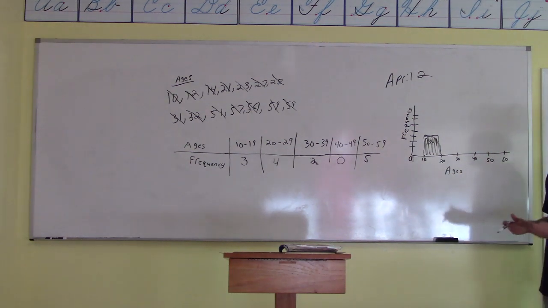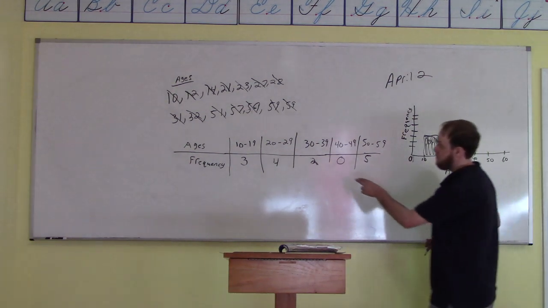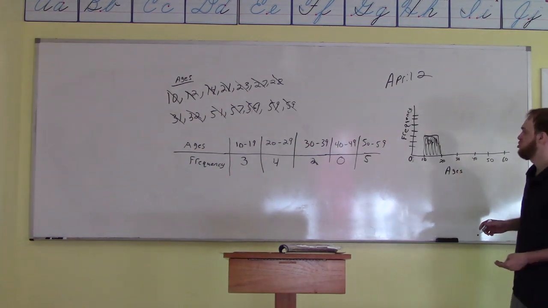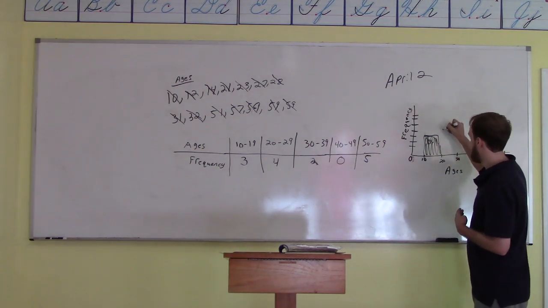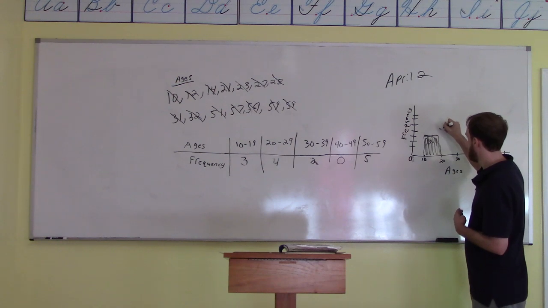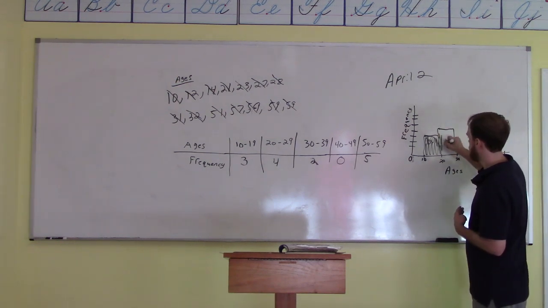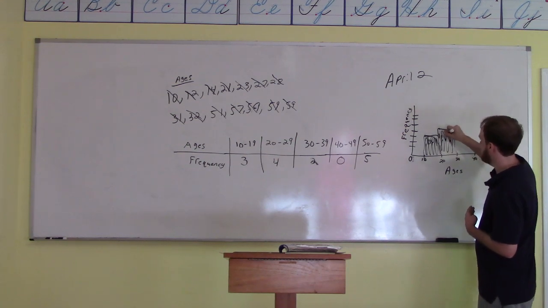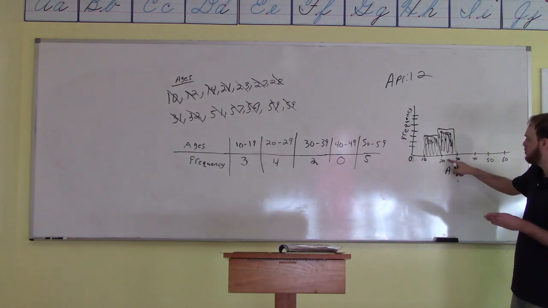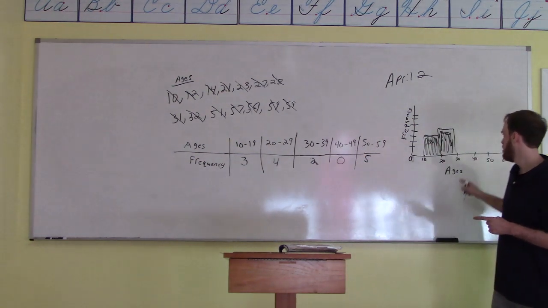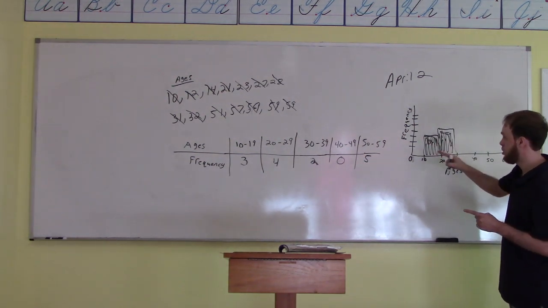Okay? Now my 20 to 30, I had 4 for 20 to 29. So my 20 to 30 here is going to shade up to 4. So that shades up to 4, because there were 4 of them that happened between 20 and 30. 30 to 39 is next.